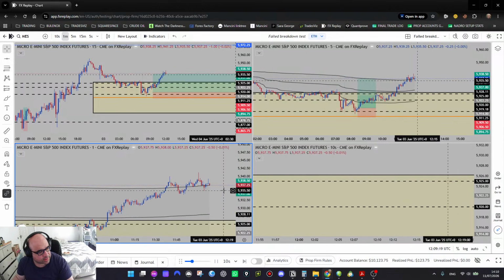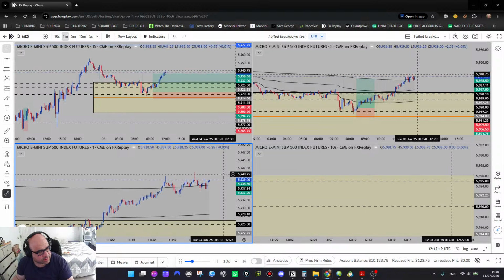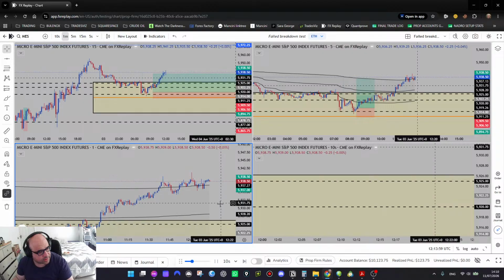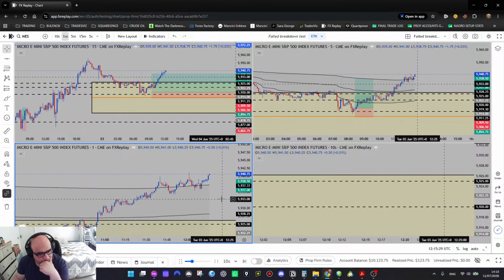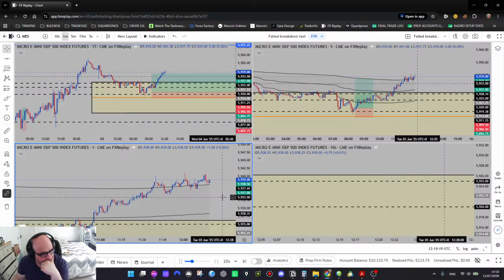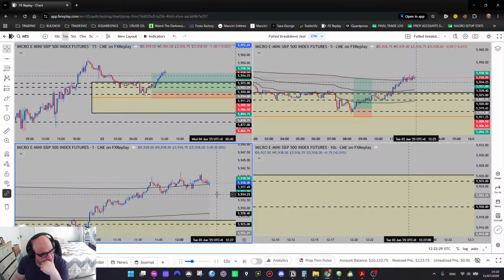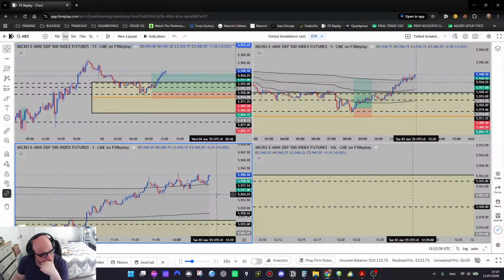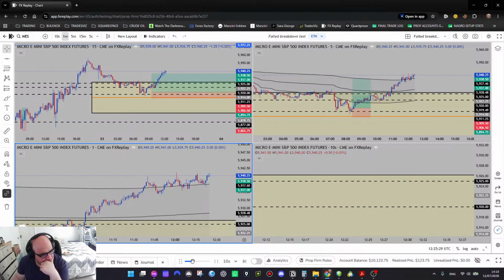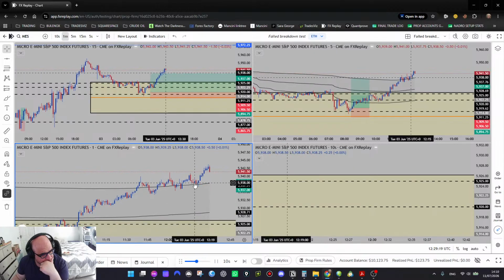Now let's see if we see big resistance there. We're almost half past, at the lunchtime now. Okay, 12:30. We see kind of a breakout.